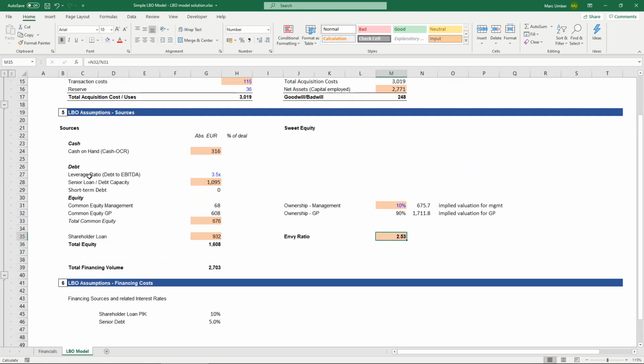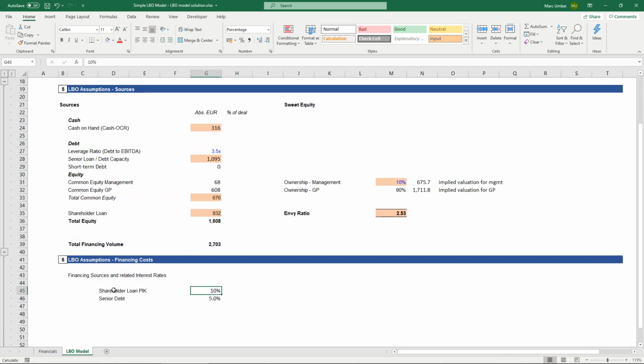Before we can introduce the new debt and the new equity into the financial statements of the company, we need to put down the interests and the cost of debt and cost of equity that comes with it. For the shareholder loan, we have a payment in kind of 10%, and for the senior debt, we have 5%. All other debt is assumed to have a zero interest payment.